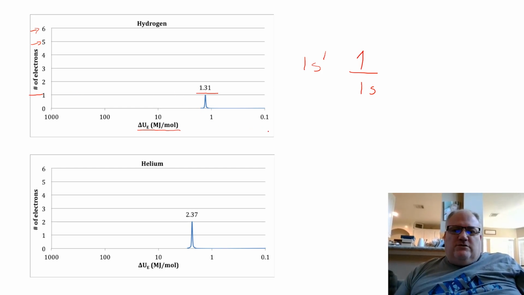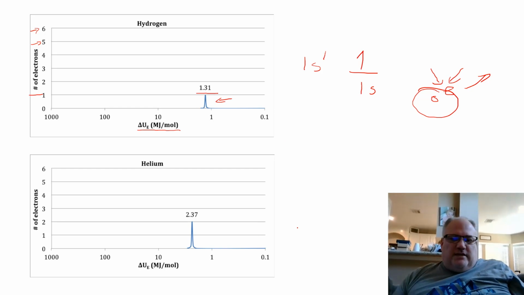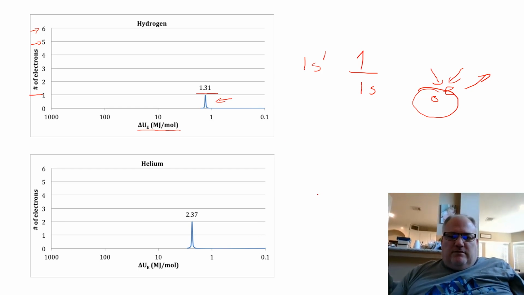So in hydrogen, there's only 1 electron in the hydrogen atom, and if we were to draw it in a very poor way, we'd have 1 electron in the 1s. And after we knock that electron off, the amount of energy that's inputted is this right here, and it's 1.31.